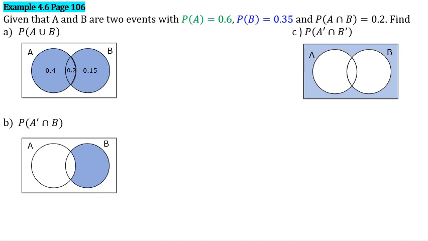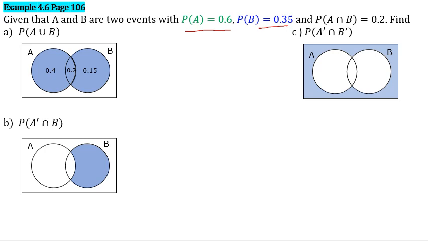Next, example 4.6, page 106. Given that A and B are two events which P(A) is 0.6, P(B) is 0.35 and P(A and B) is 0.2. Find P(A union B).